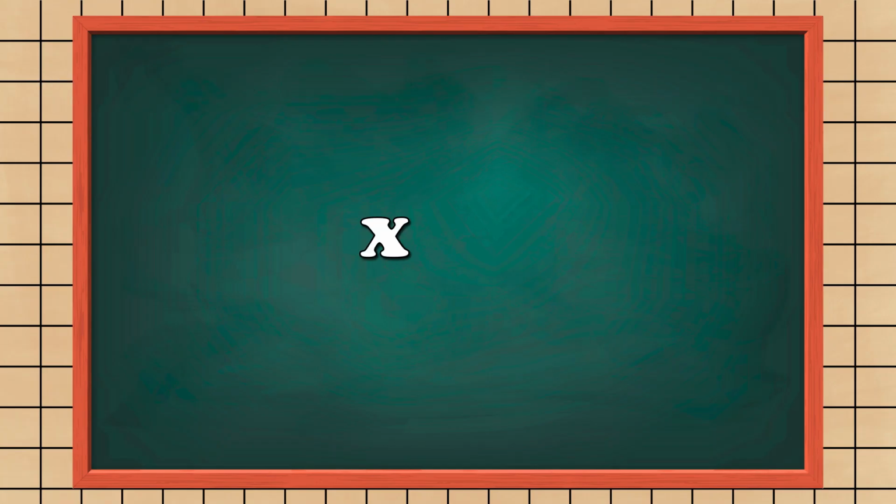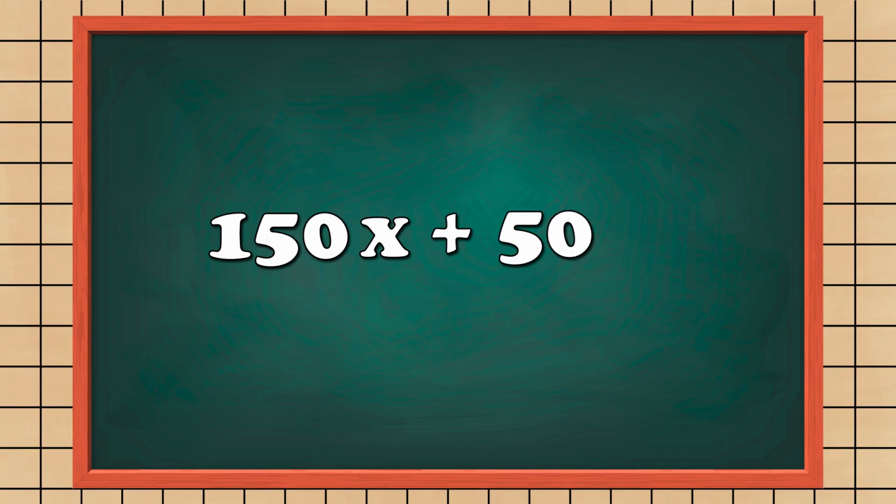We will let X be the number of cases, so the total cost should be the price per piece times the number of pieces, so that's 150x, plus a constant of 50 pesos, which is plus 50. So our expression becomes 150x plus 50.